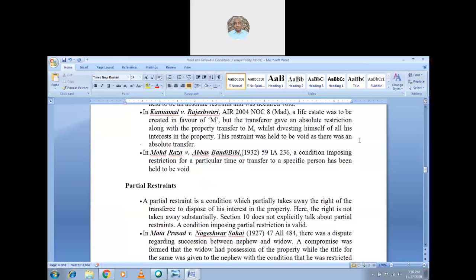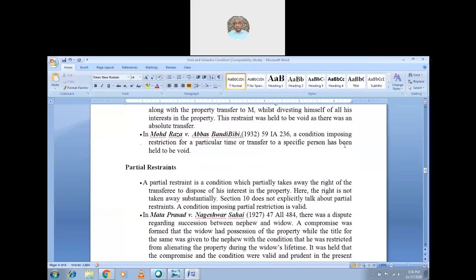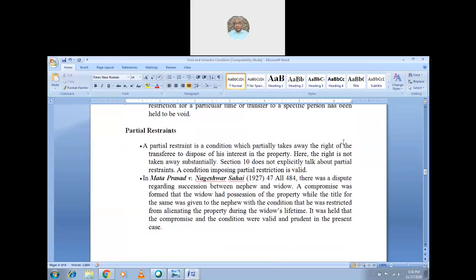But a Parsi community can keep such a condition that when they want to dispose of their property, it should be disposed of only to their community, that is, to Parsis only. Other than that, if a person sells it otherwise, it amounts to void. Such a transfer is void because it is Parsi community property, hence it goes to the Parsi community only.